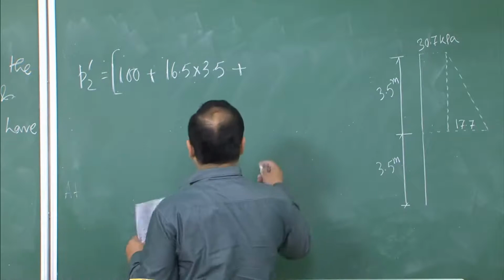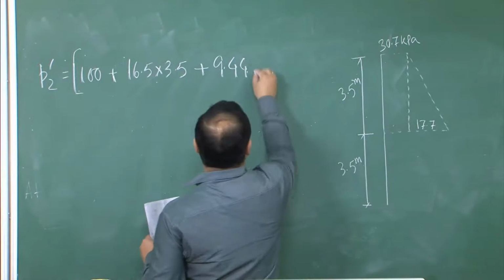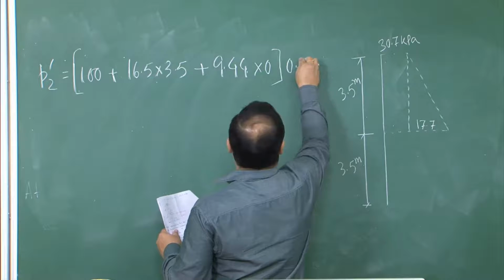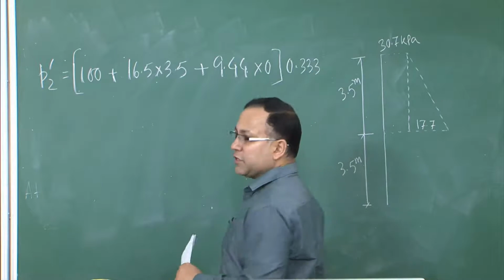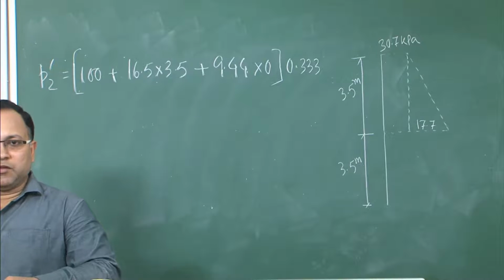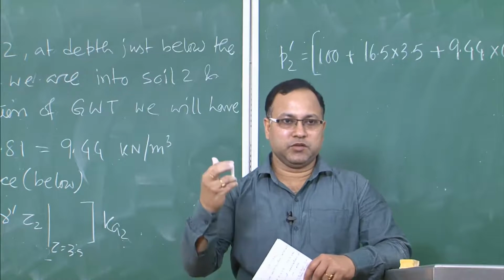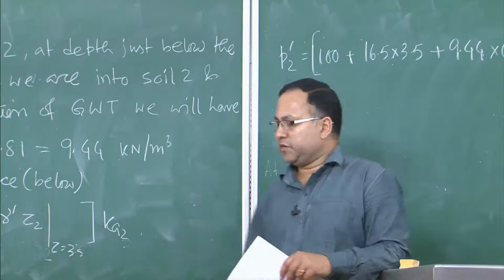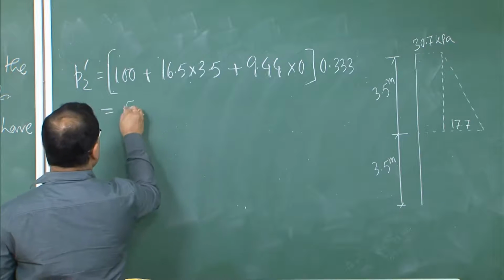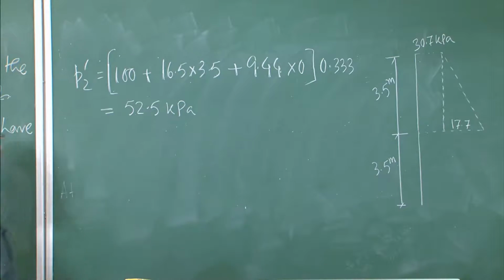So Z2 is 0, so 9.44, that is gamma submerged, into 0 into Ka2. Understood the concept? If you understand the concept, then it is very simple. So at the interface you have got two different conditions, just above the interface and just below the interface. From this I can get P2 prime equal to 52.5 kPa.